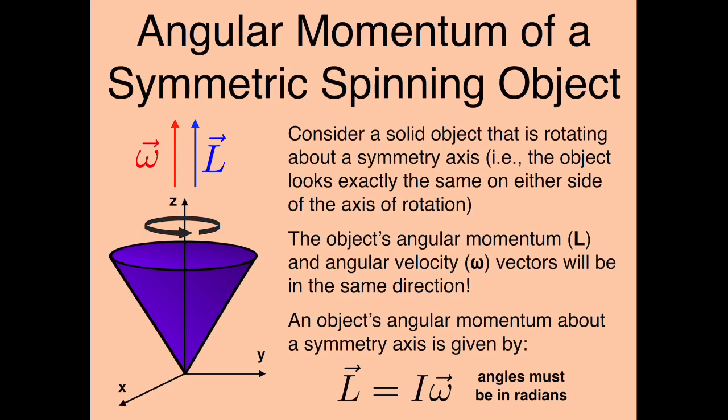And furthermore, the angular momentum can be calculated using the formula L is equal to I times omega, so just the moment of inertia I times the angular velocity omega gives you the angular momentum L. Now, be careful if you ever use this equation. The angles must be given in radians in order for this to work. But anyway, that's the result that we derived.